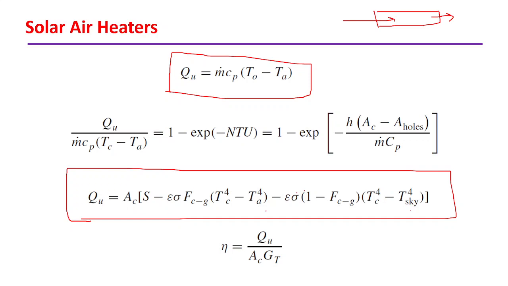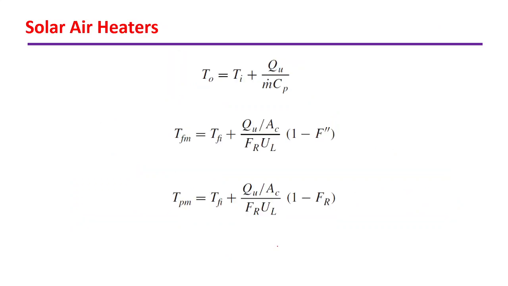And another thing, then we have to calculate the efficiency. Once we have the QU, efficiency will be QU upon AC GT. Then we are having the inlet temperature. Based on the inlet temperature, we have to calculate the mean temperature for the fluid and the mean temperature for the absorber plate.